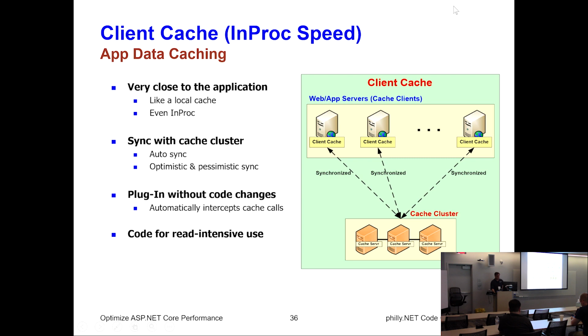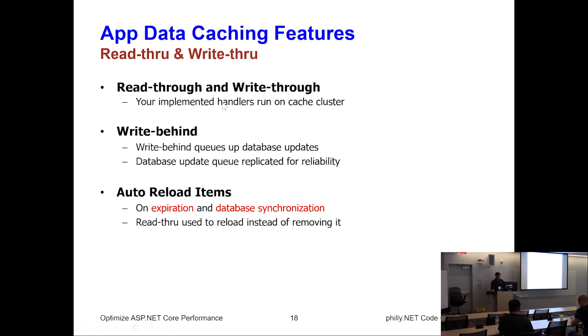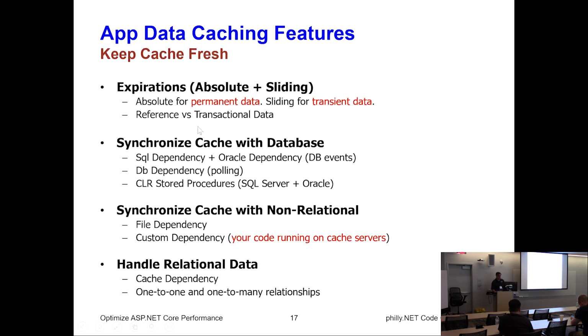That's also something that only NCache has, but let me just go back. So that's one. If you have a non-relational data source, this could be something in the cloud, a legacy database, or a mainframe, you could achieve the same goal as SQL dependency, except in that case, you're not event notification based.